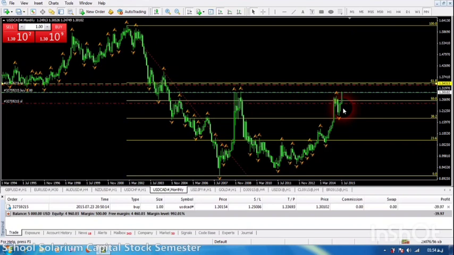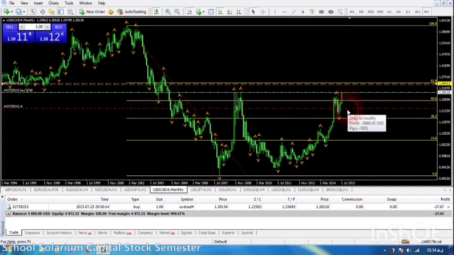So that was about take profit and stop loss. You may ask, can I change my take profit and stop loss? Yes, you can. As you can see, you can choose your line here and drag it anywhere you want.